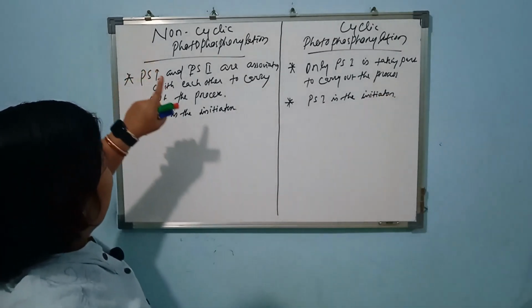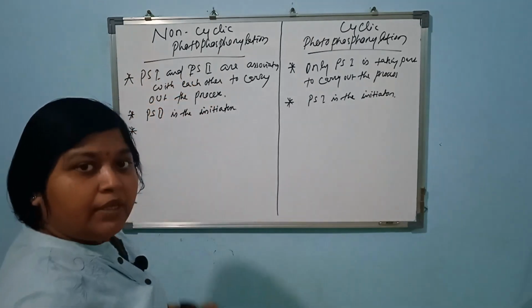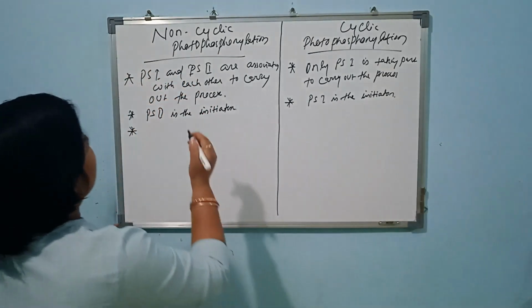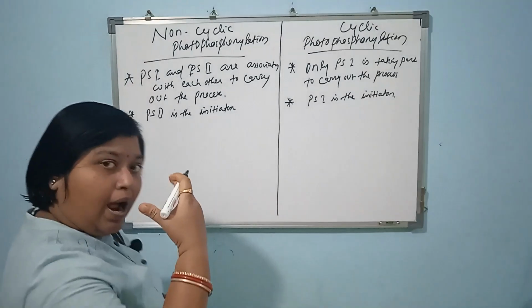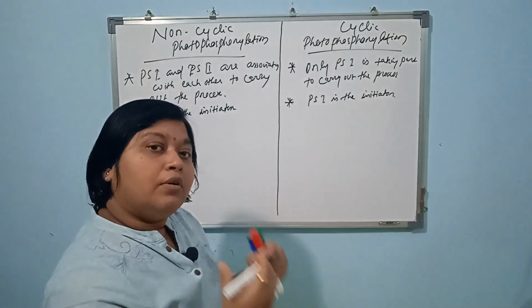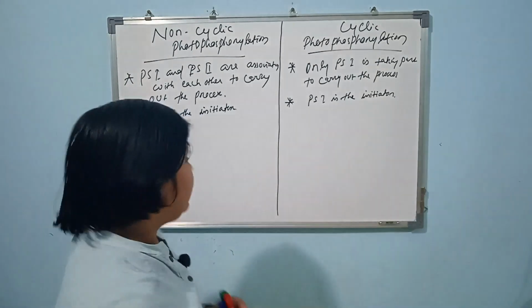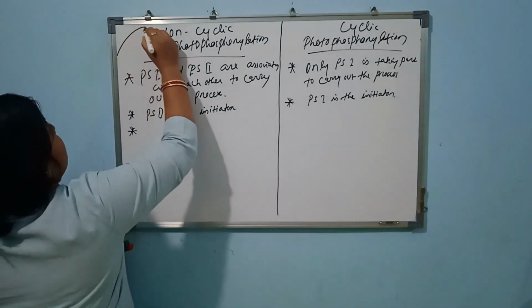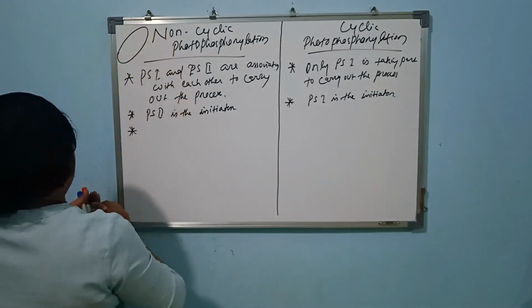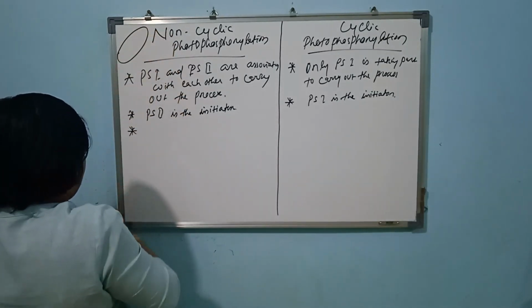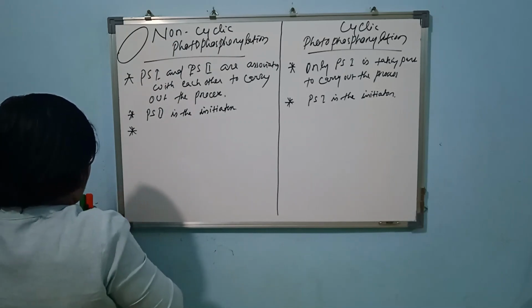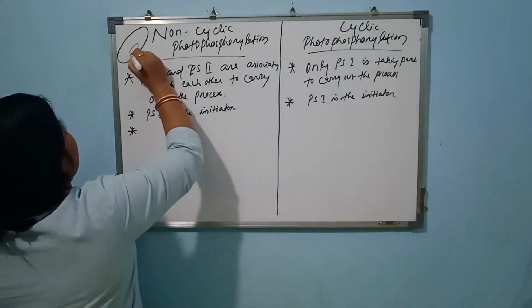You will find both the pigment systems in the upraised part of the granule thylakoid. Suppose this one is a chloroplast. These are the thylakoid membranes.